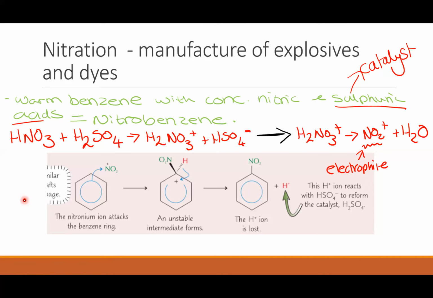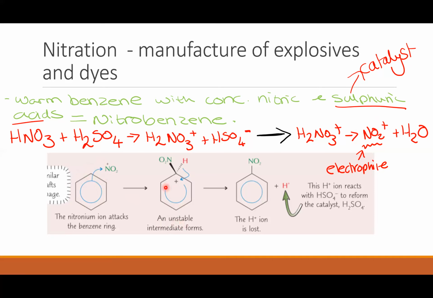Our nitronium ion, made using our sulfuric acid catalyst and concentrated nitric acid warmed together, is going to come along and attack the benzene ring, because that's our electrophile. Then an unstable intermediate forms.